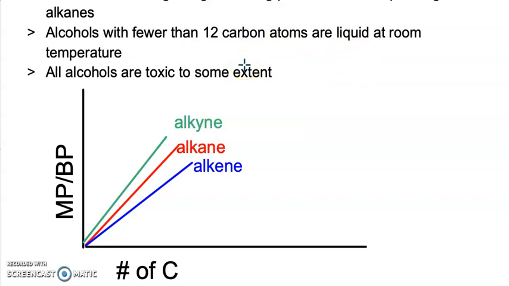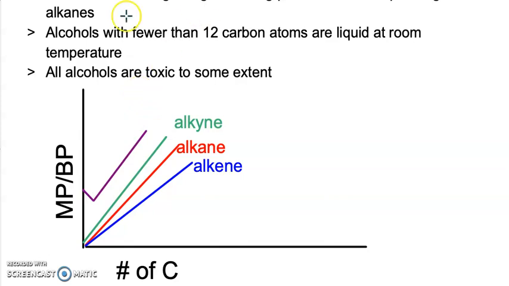We're saying that little ones have LDF, dipole-dipole, and hydrogen bonds. But then we also said that as they got bigger, that dipole-dipole would have less of an effect. So what we actually find is they don't do this straight line like alkynes, alkanes, and alkenes do. They're going to follow more of a check mark.